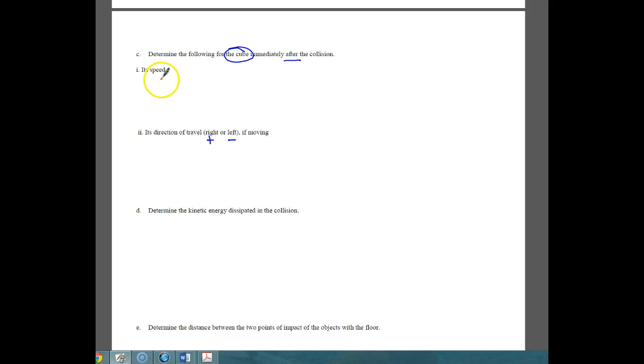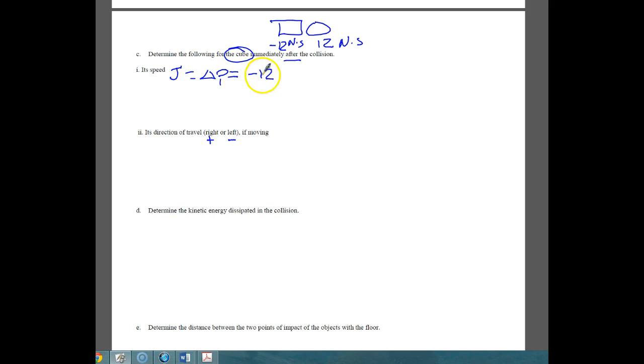We know the change in momentum is the same for each object, so impulse is equal to change in momentum. The cube hitting the ball gave 12 newton-seconds for the change in momentum of the ball, so the cube has got to be negative 12 newton-seconds, because those two should be equal and opposite in order for this to work out right.